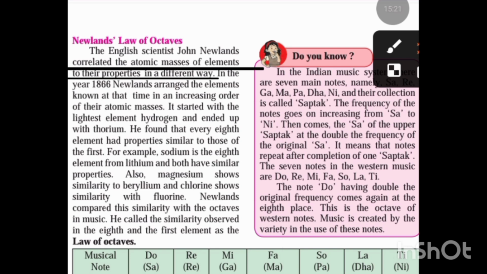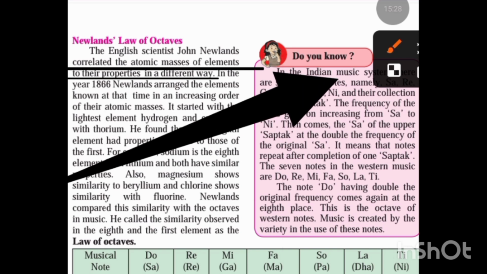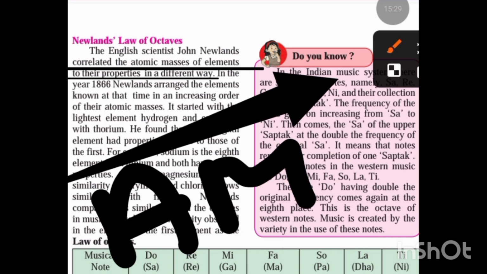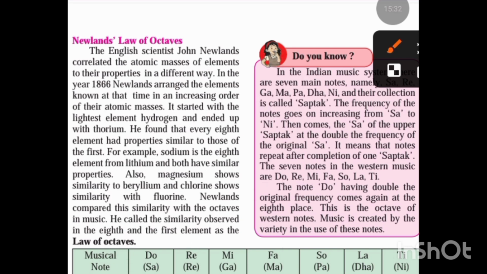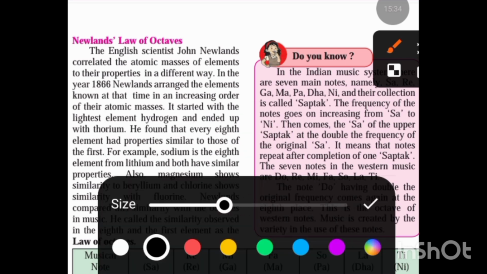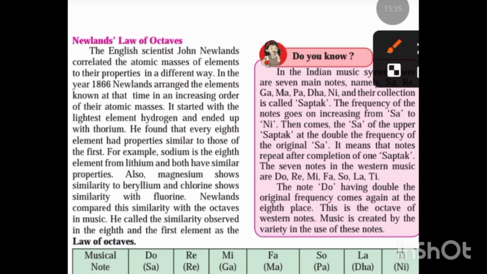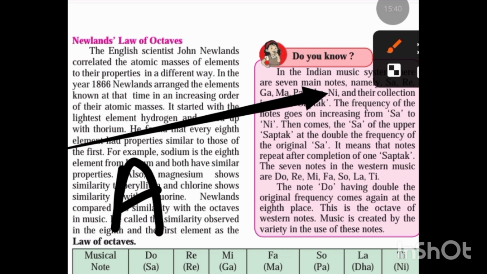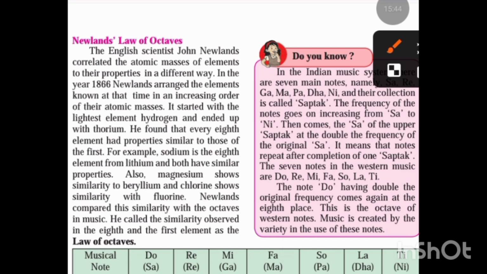Newland arranged the elements known at that time in the increasing order of their atomic masses. He started from the lightest element, hydrogen, and ended with thorium.